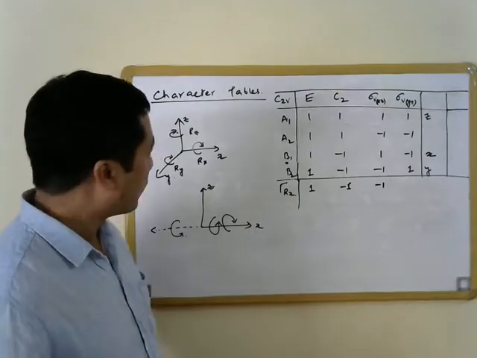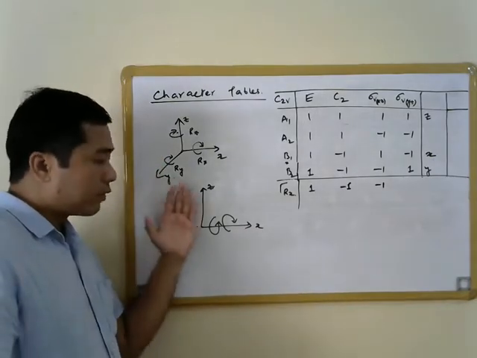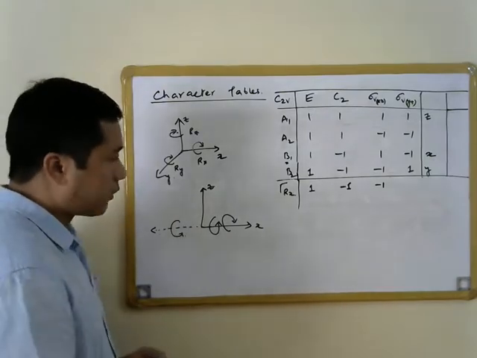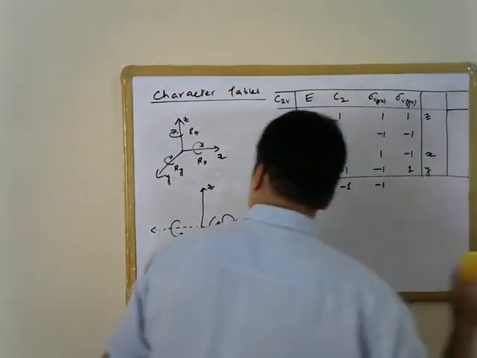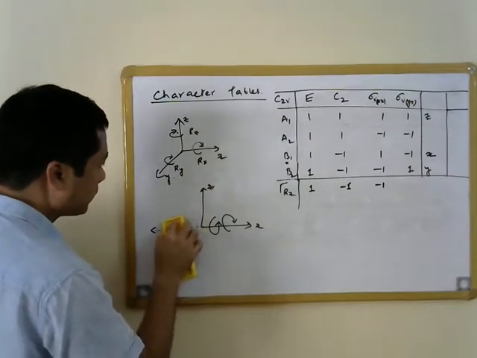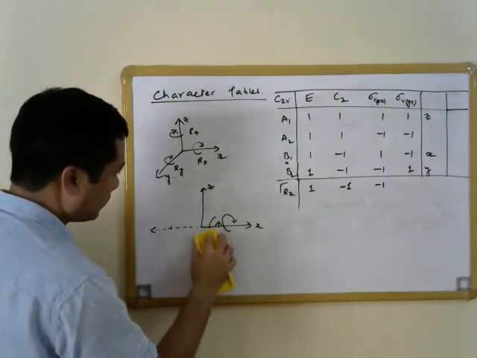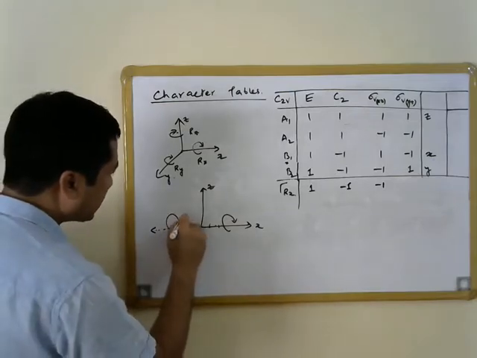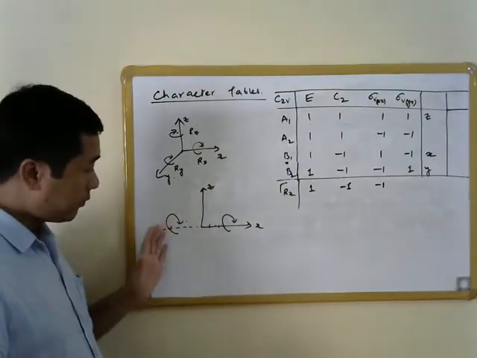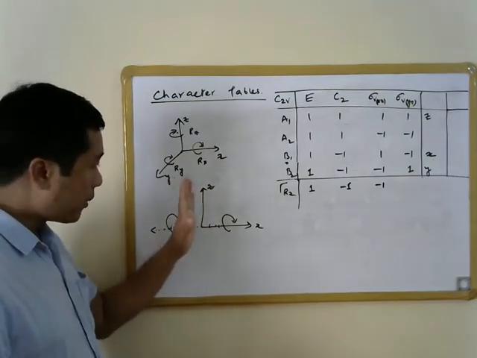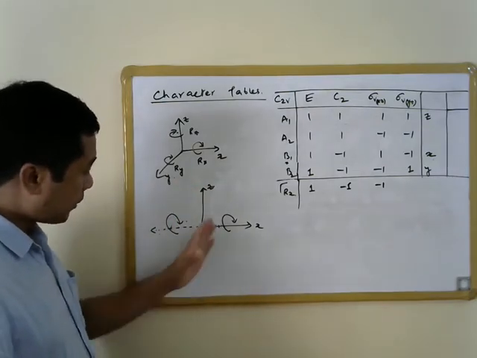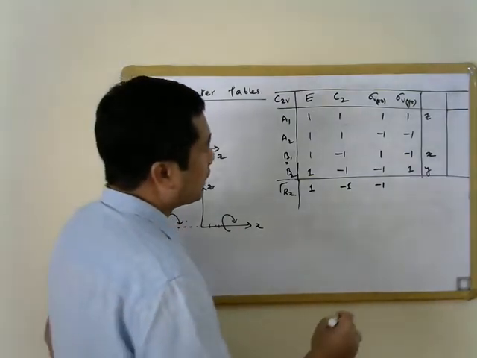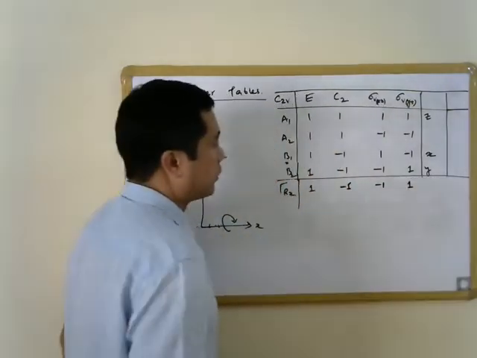And then sigma v yz, that is reflection on a plane which is perpendicular to the plane of the board, the vector will simply get reflected to this direction, but its direction is going to remain the same, because we are reflecting on the plane perpendicular to the plane of the board, and that is why the character now is going to be equal to +1.